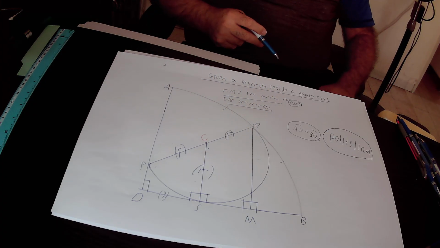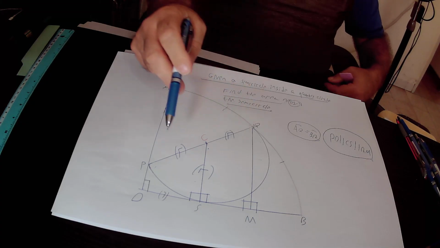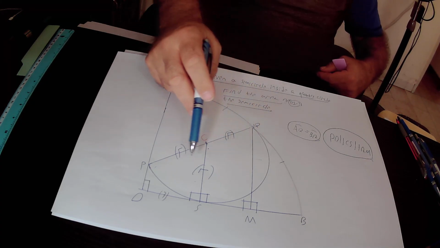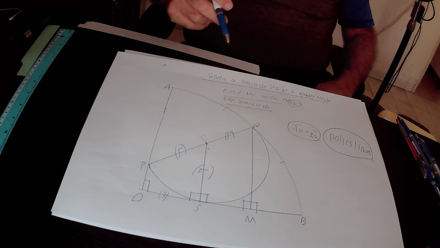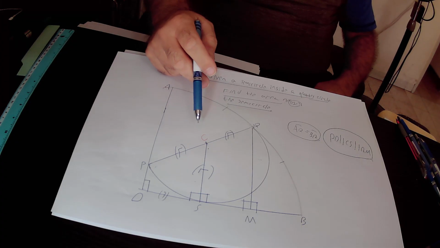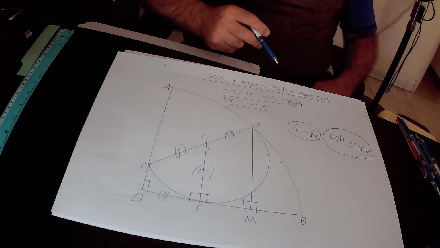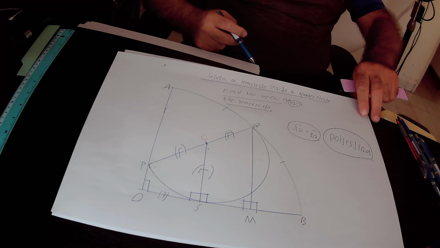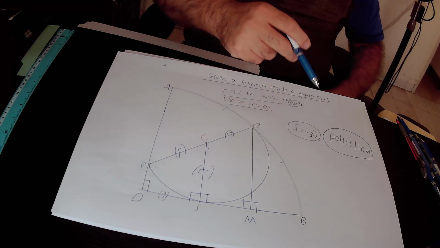A special relationship exists between those 2 lines that connect the 3 parallel lines. And the relationship is as follows: PC over CQ equals OS over SM.